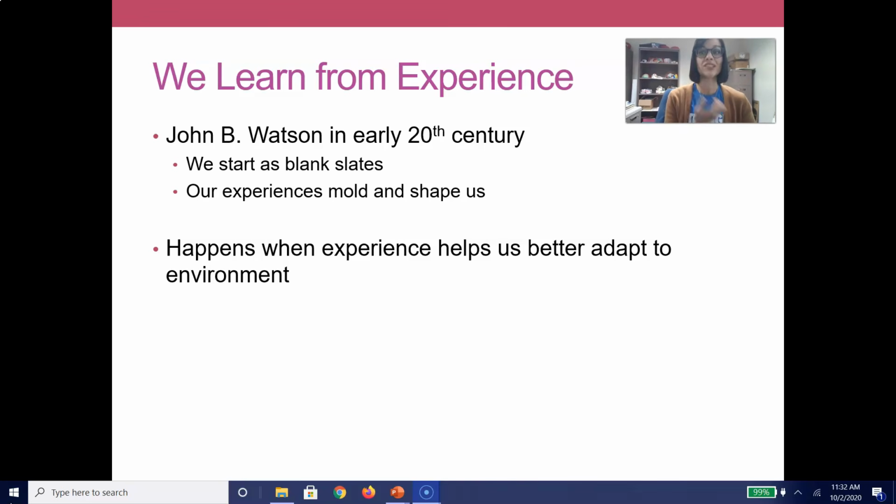It's not just a social influence. And so I think there are probably more factors than Watson would have presumed. But in general, learning happens all the time. Our experiences help us better adapt to the environment that we find ourselves in. And so we are learning all the time.